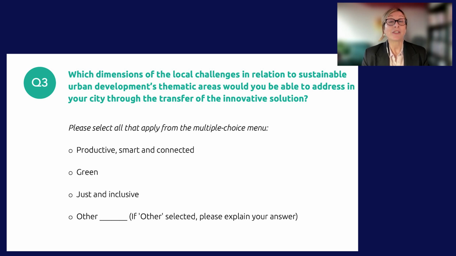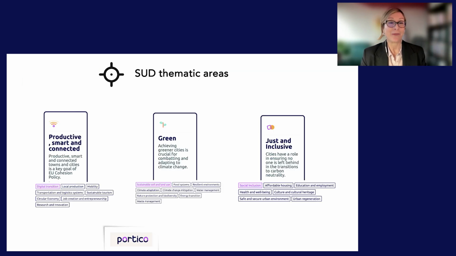Question 3 is about the local challenges you aim to address through the transfer of the innovative solution. Here, the predefined answers refer to the 3 thematic areas related to sustainable urban development: productive, smart and connected, green, and just and inclusive.